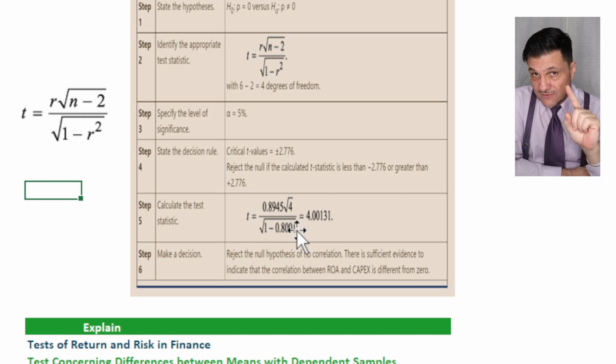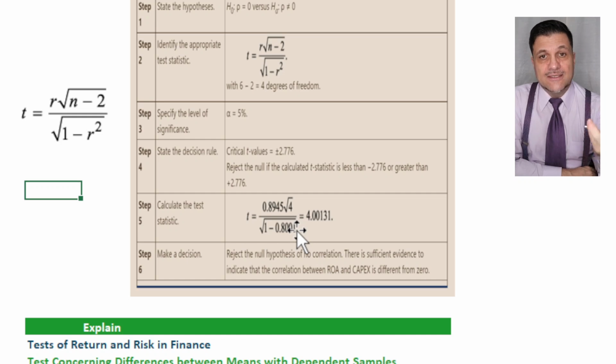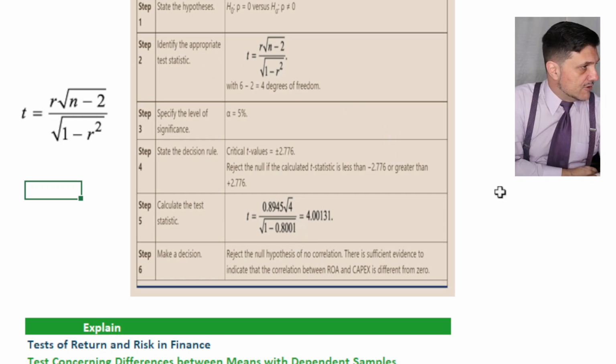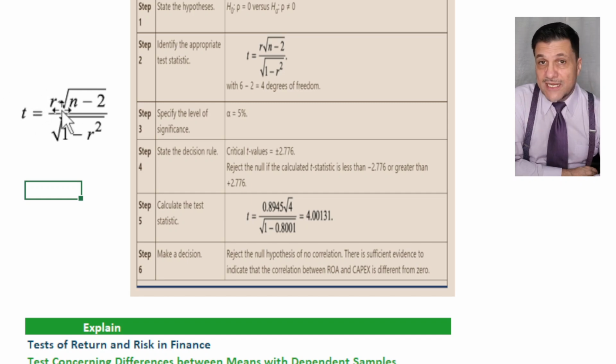It's not 0, but it's so close to 0 that you want to make sure it's not 0. It's a tiny correlation, but it's not 0. Let's test it. So you will be given the correlation. That's the r in the formula here. And the n is going to be given. And that's all you need.